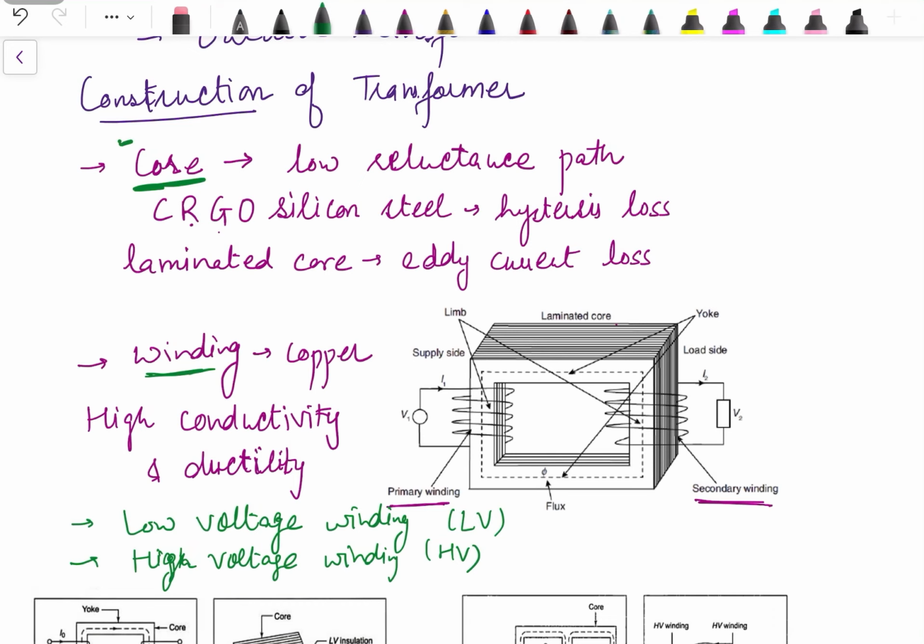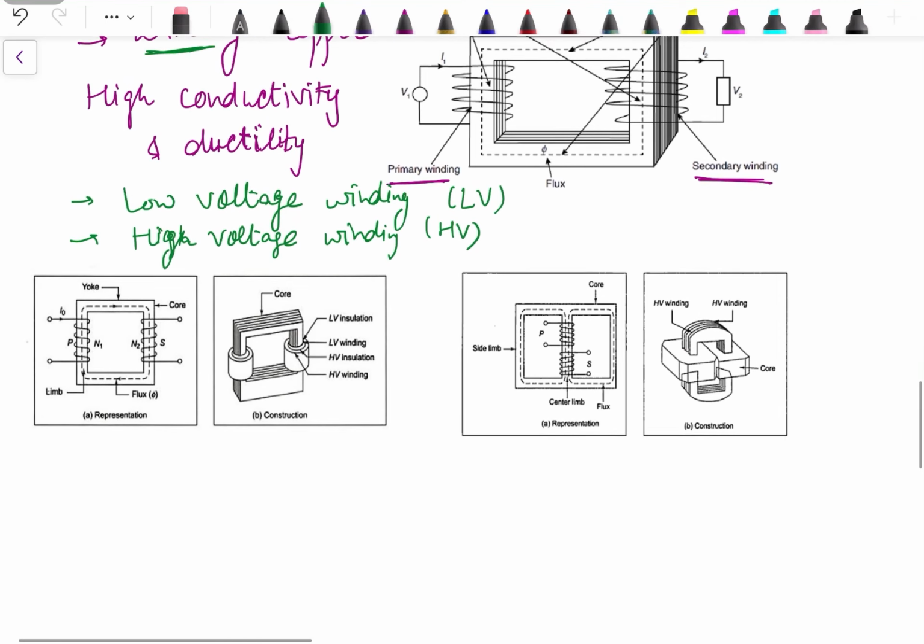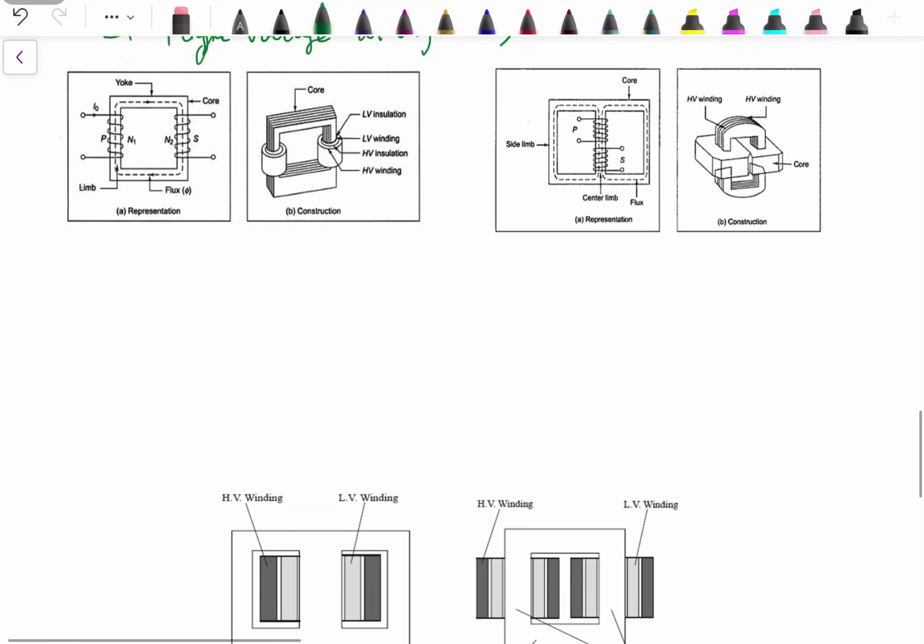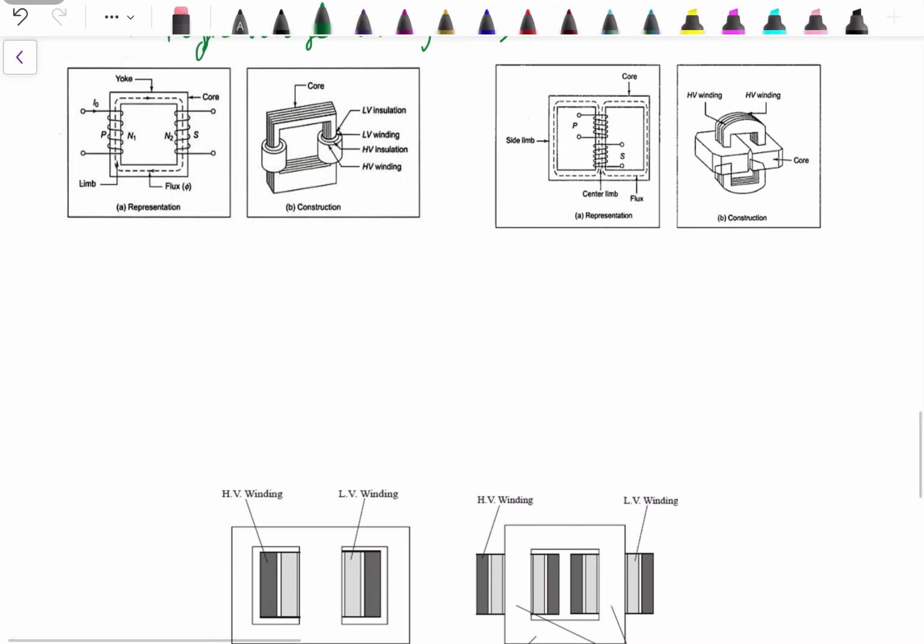Now based on how the core shape looks, we will have two types of transformer: core type and shell type. So this is a core type transformer and this one is shell type.